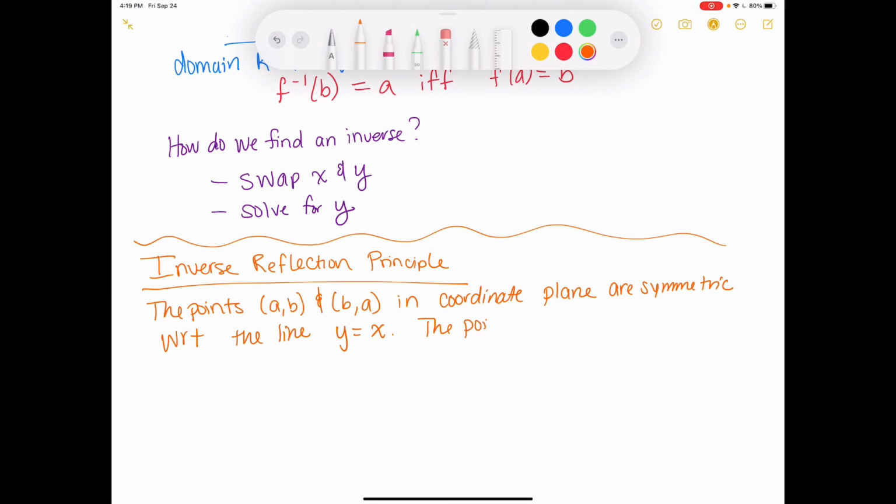The points (a, b) and (b, a) are reflections of each other across the line y is equal to x.